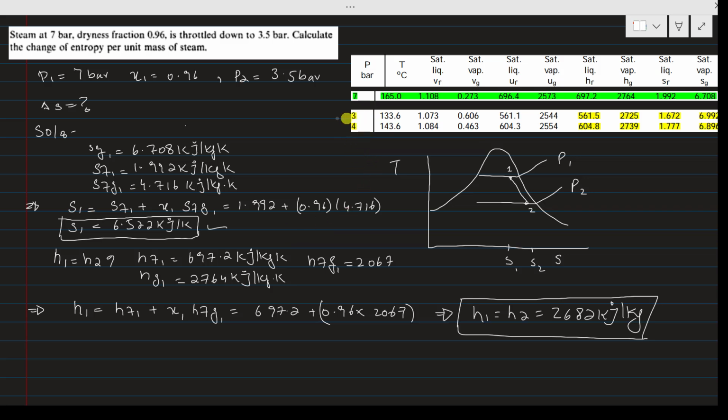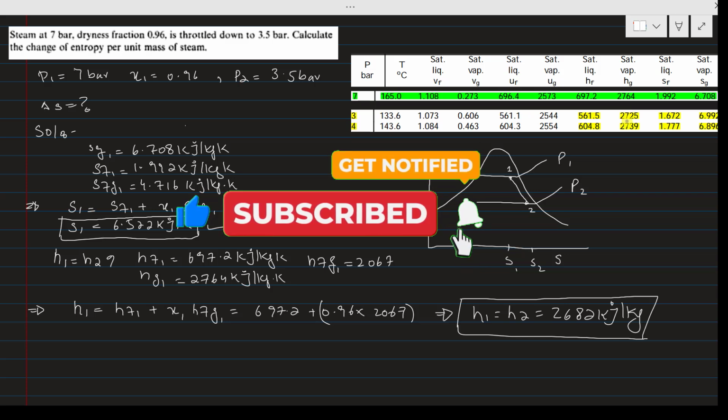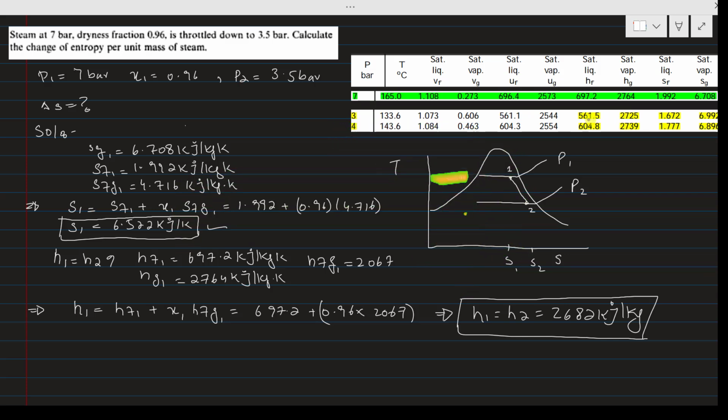If you see, 3.5 bar is not available in the steam table, so for that we need to determine the saturated values Hg2 and the corresponding Hf2 for 3.5 bar. We will use the interpolation formula to find the Hf2 and Hg2 values.